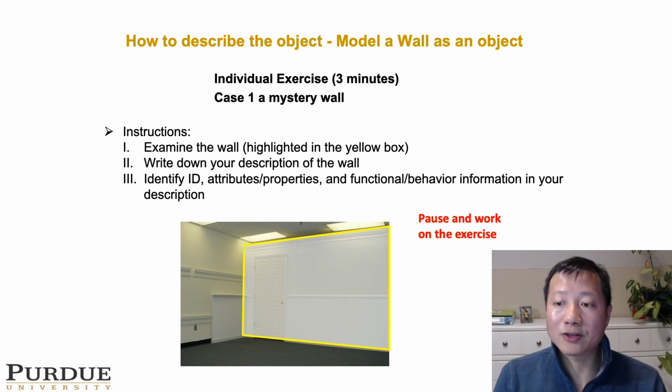It is a good time to pause and work on the exercise. So I suggest that you pause and make your hands busy and work on this exercise. Spend 3 minutes on this one and then move on to the next slide.